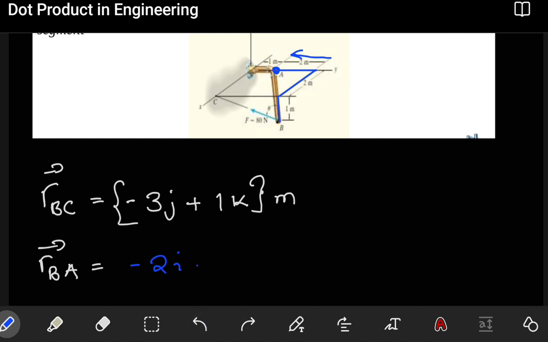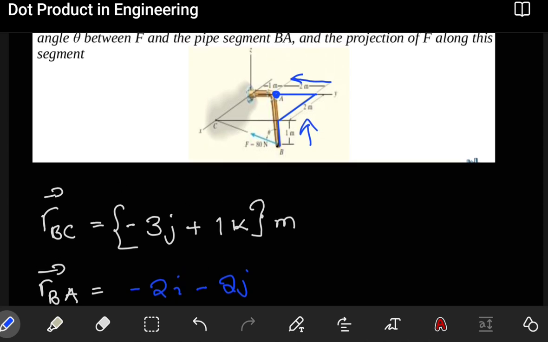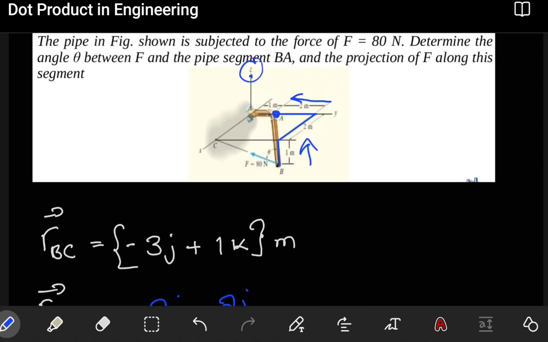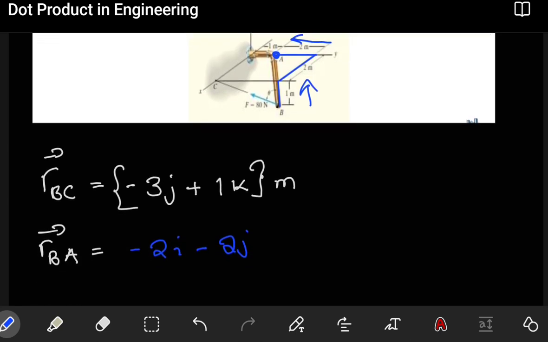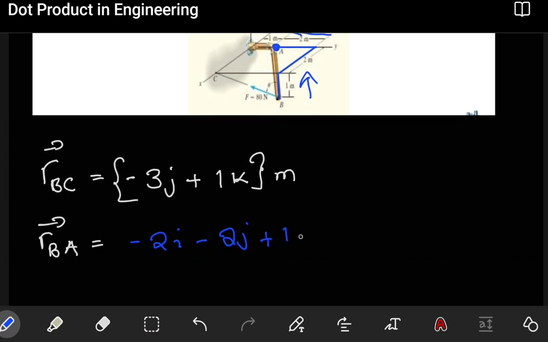So that's another negative, and that was 2 again, 2 in the j. And lastly, in the z-axis, we went up, along where the z is, so that is going to be a plus 1 in the k direction. So this becomes the displacement vector RBA. If we need units again, this is in meters.